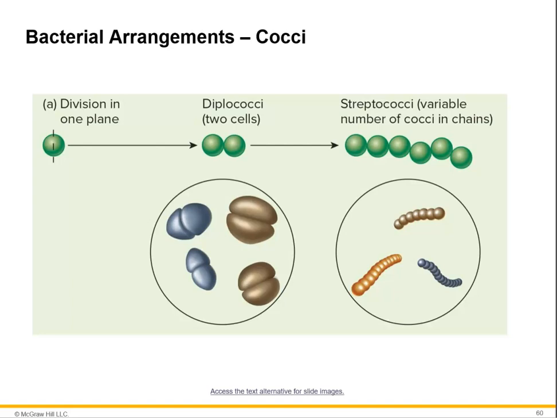Well, it depends on what plane they are dividing in. Division in just one plane is going to result in the daughter cell basically being lined up next to the parent cell. If you divide over and over and over again, that's going to cause a chain. Okay, so this is how we get Diplococcus and Streptococcus.